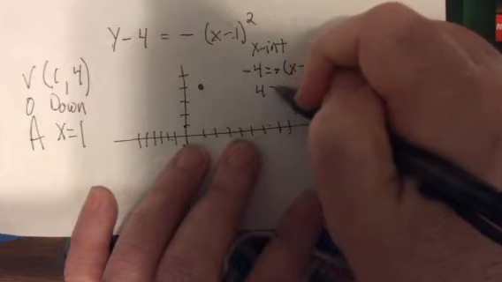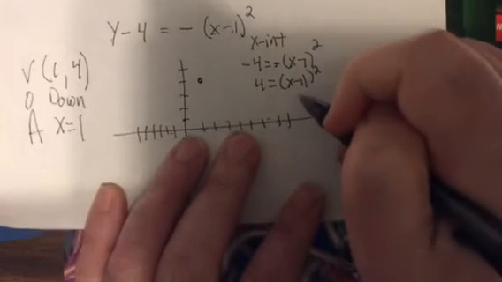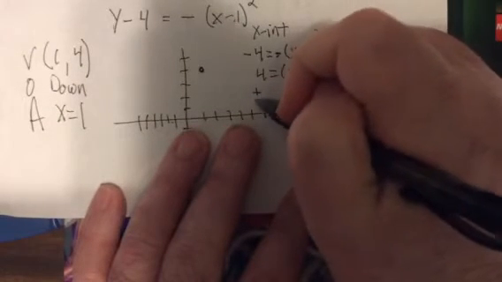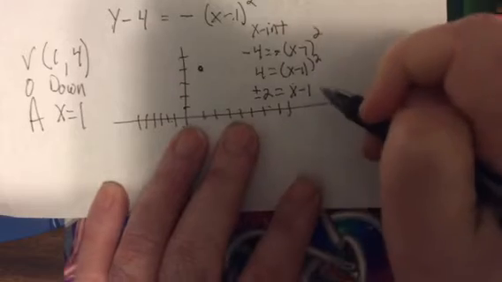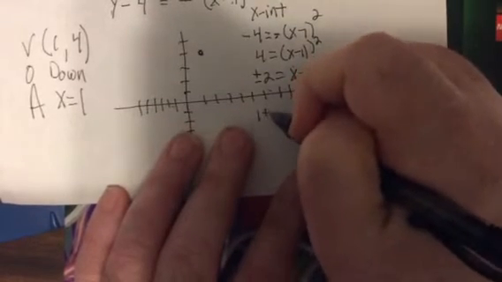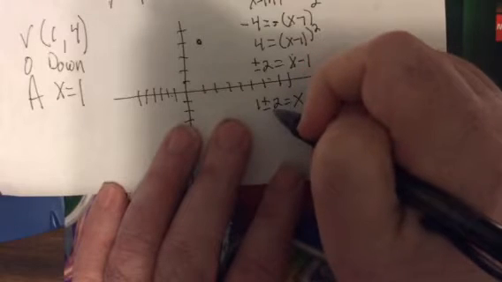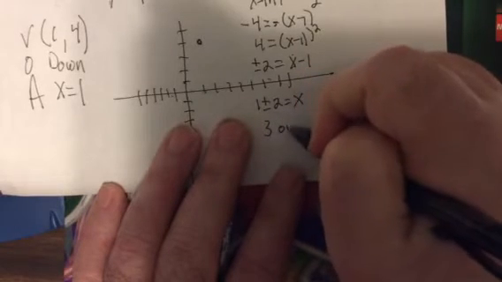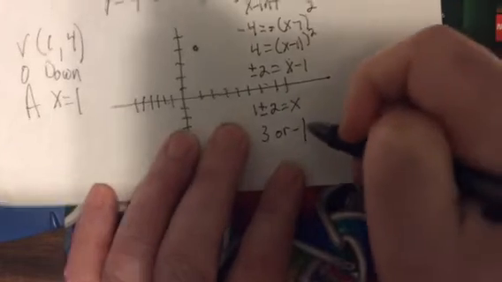So 4 equals x minus 1 squared. Square root both sides, so plus or minus 2 equals x minus 1. Add 1, 1 plus or minus 2 equals x. So it'd be 1 plus 2 is 3, or 1 minus 2 is -1.